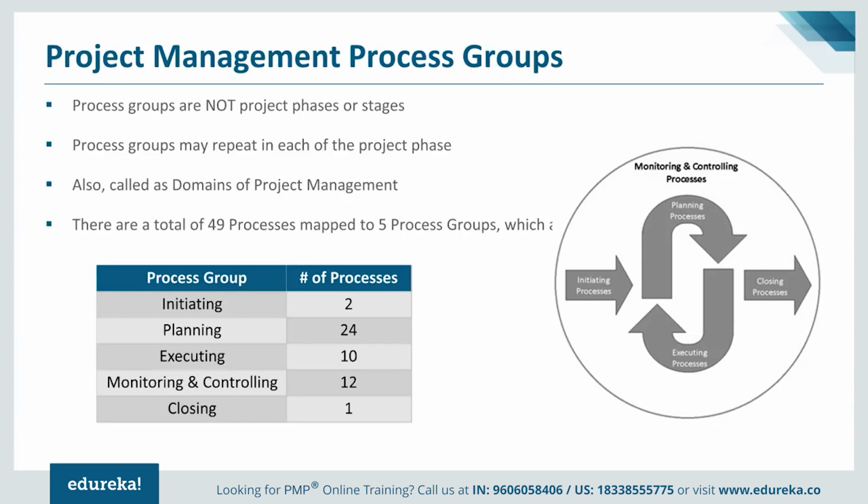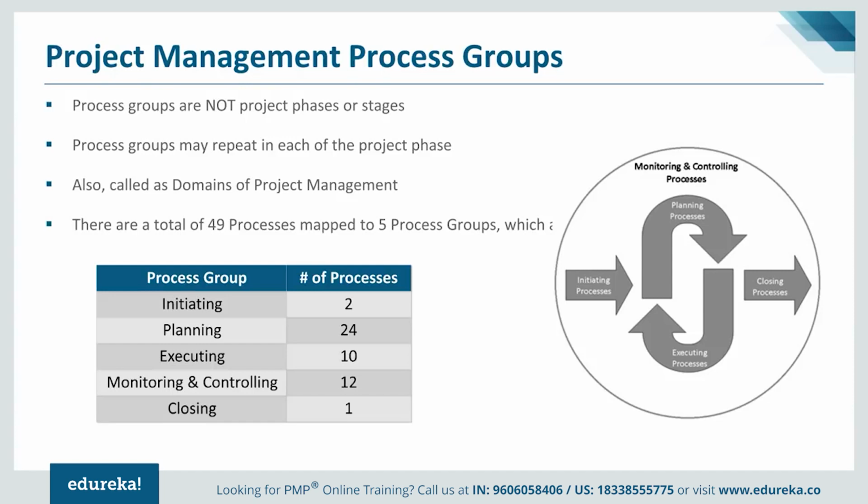And these process groups encompass almost 49 processes, mapped to them. For example, initiating has 2 processes, planning 24, executing 10, monitoring and controlling 12, and closing has only 1 process. One important point which we need to really remember and understand is that these are not phases.